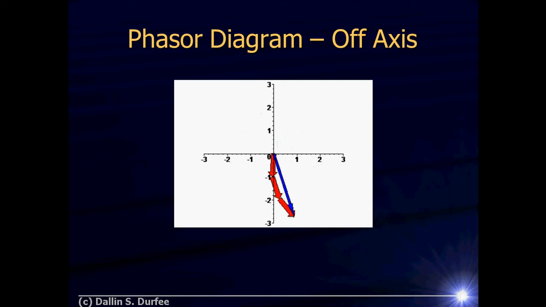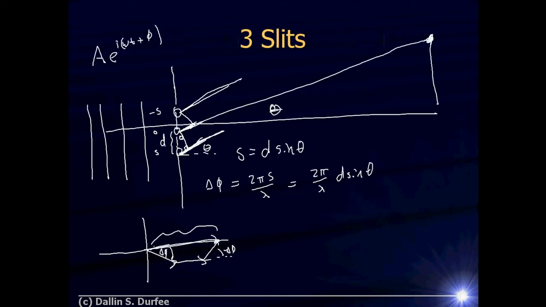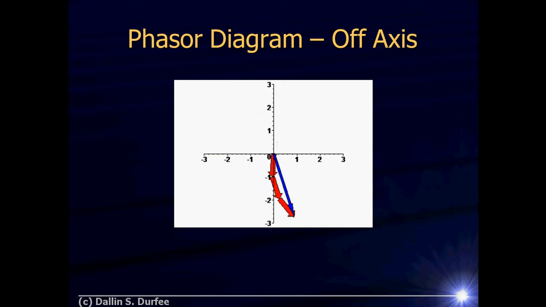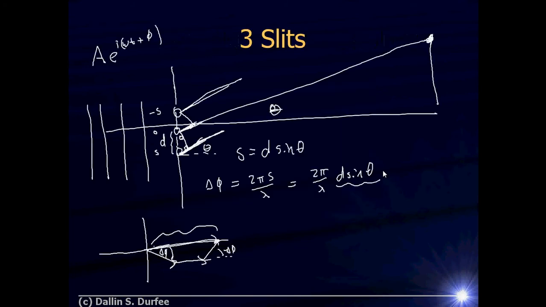If I go further off axis, those phases are going to grow, right? Once again, up here, the phase shift goes as d sine theta. So as theta gets bigger, the phase shift gets bigger. So if I go further off axis, the angle between these three vectors is going to get bigger, and I'm going to get less and less light until the three of them are spread evenly.